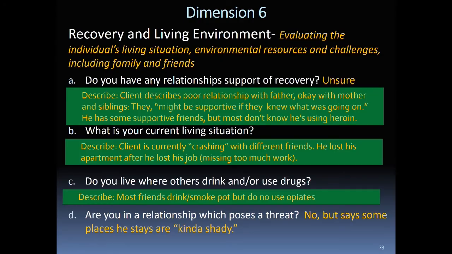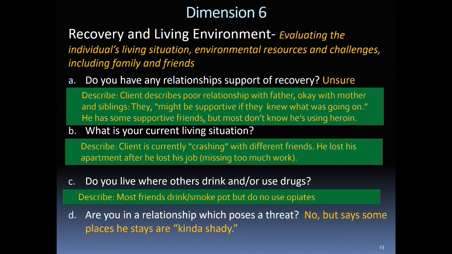As we see Dimension 6, the recovery and living environment, we want to evaluate the individual's living situation, environmental resources and challenges, and also include support from family and friends or lack thereof. A, do you have any relationships supportive of recovery? Mr. Doe stated unsure.